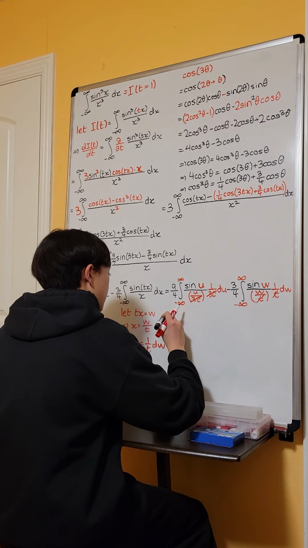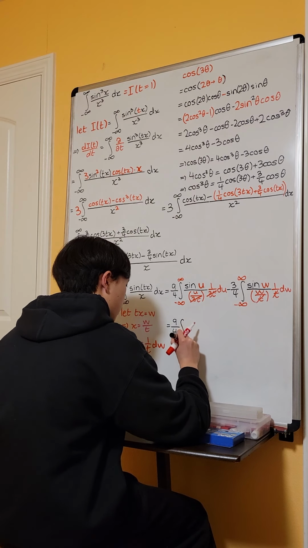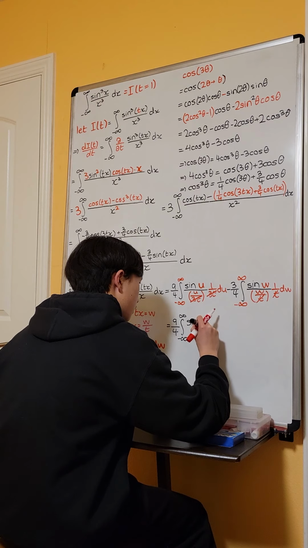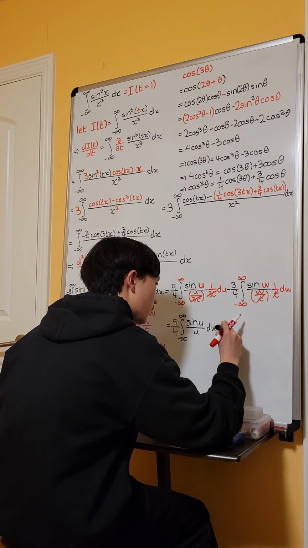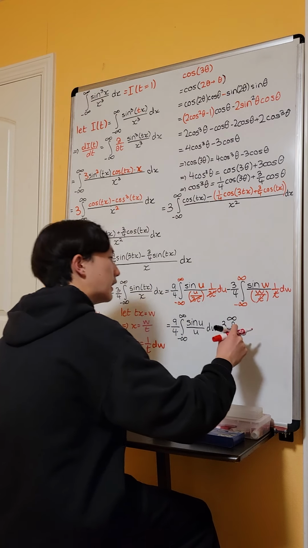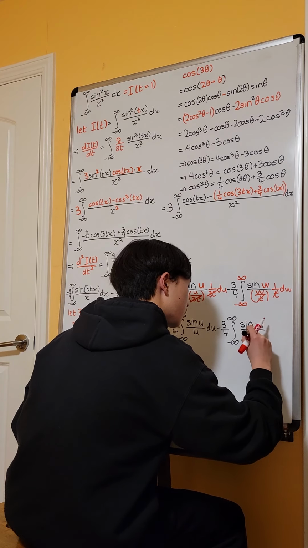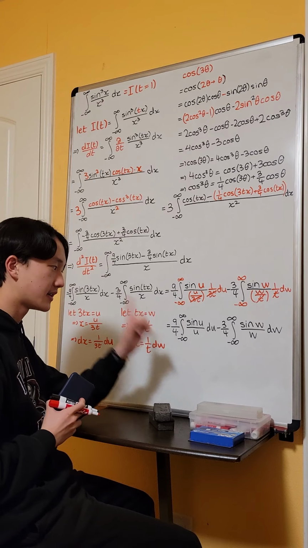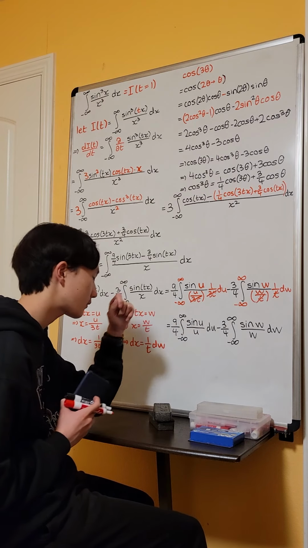So, at the very end of the day, you're left with 9 over 4 times the integral from negative infinity to infinity of sine u over u du, minus 3 over 4 times the integral from negative infinity to infinity of sine w over w dw. And I'm telling you this is the same as the Dirichlet integral because, once again, it doesn't matter what axis you're working on, it's still going to represent the same area.